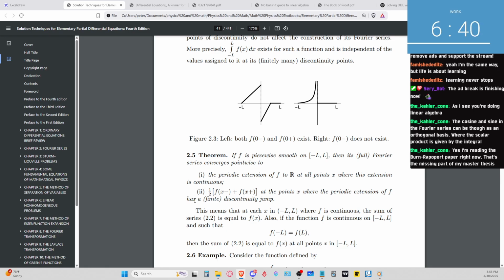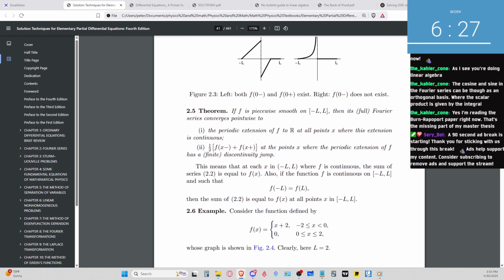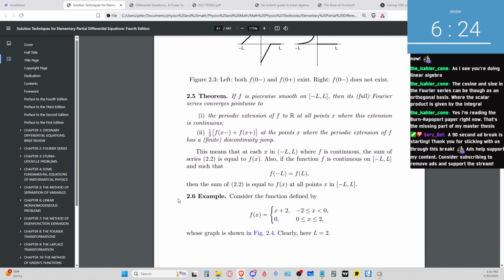Let's see, theorem. If f is piecewise smooth on negative L to L, then its full Fourier series converges piecewise to the periodic extension of f to R at all points x where this extension is continuous, and to the half-sum of the one-sided limits at the points x where the periodic extension of f has a finite discontinuity jump.